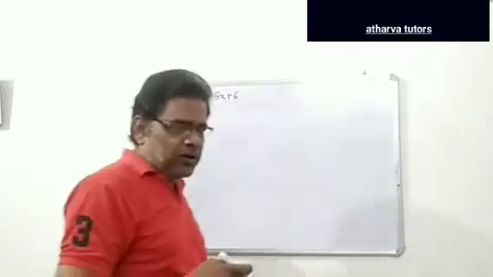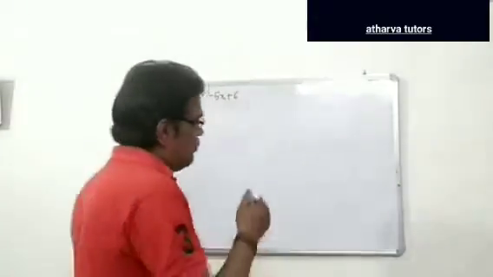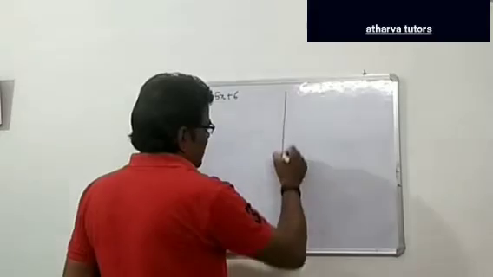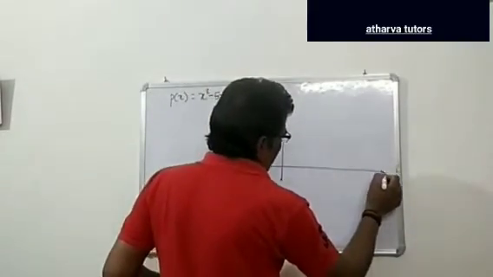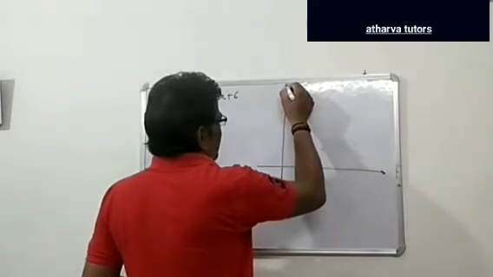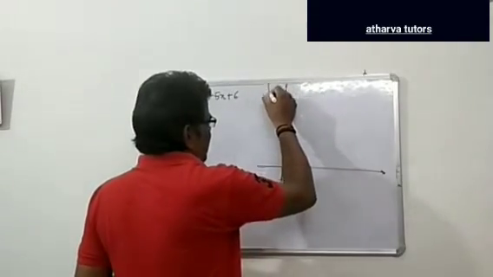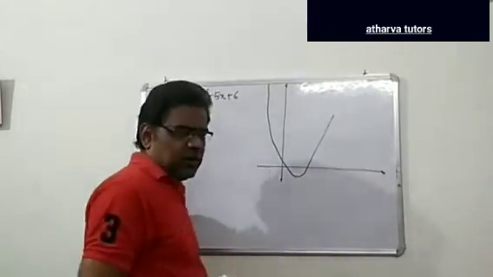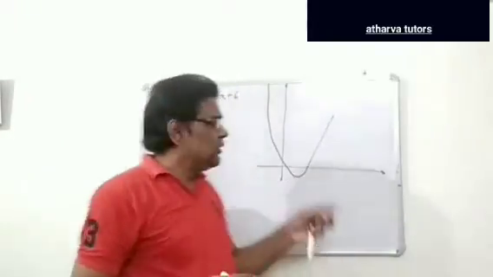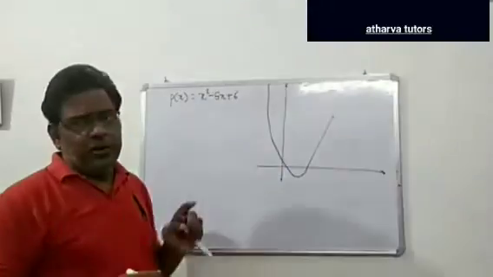Now if you plot the graph for this equation, I'm not going into detail, you can plot this on your own if you wish. What you find is that this graph is going something this way.